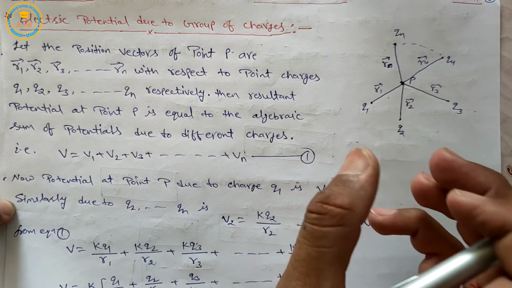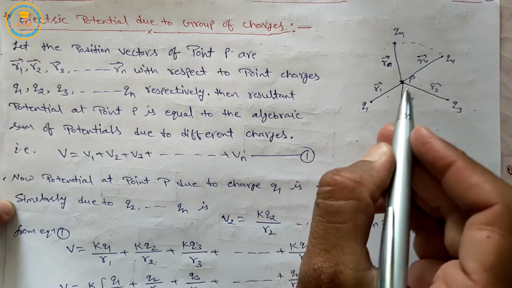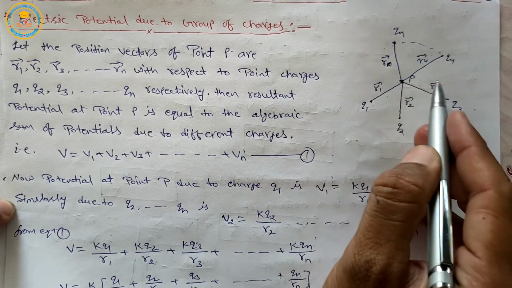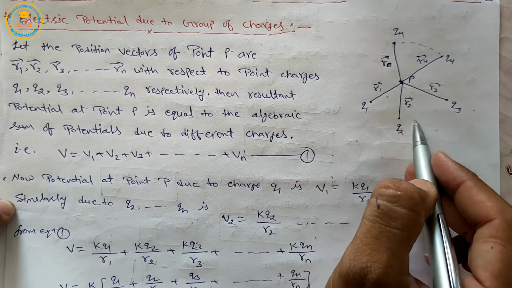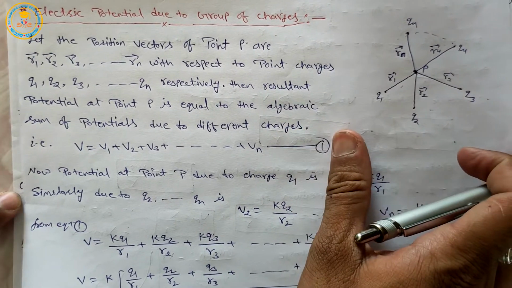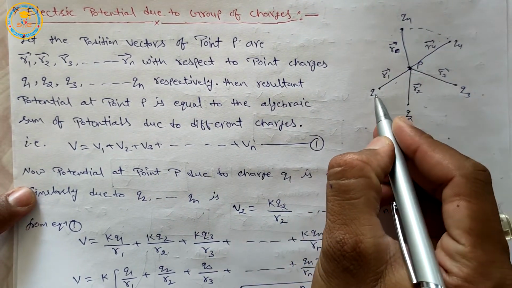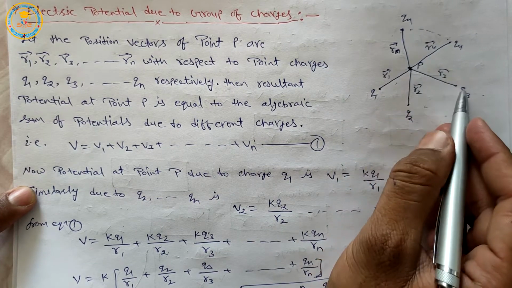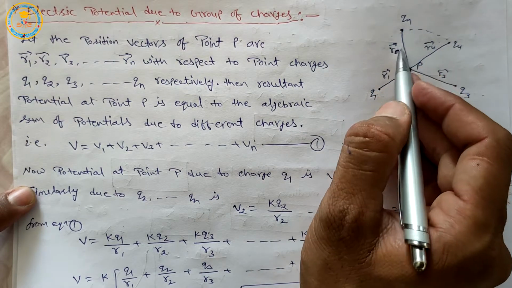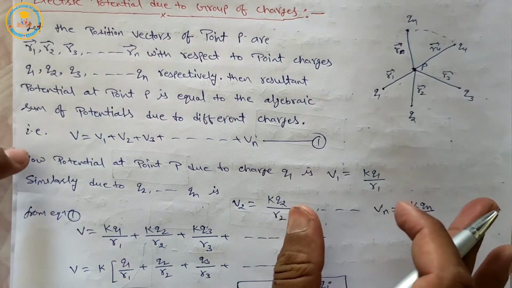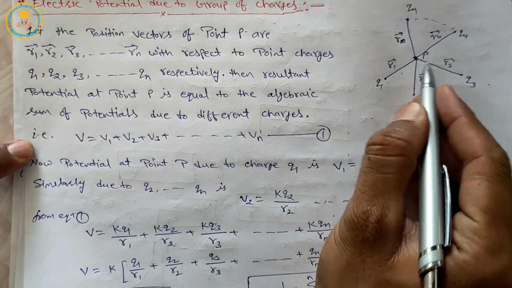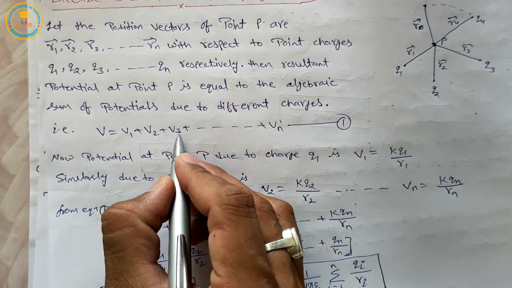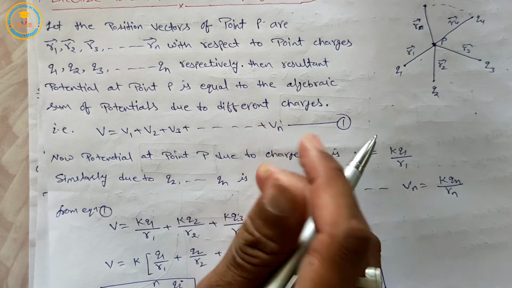So it is equal to the algebraic sum of potentials due to different charges. It means if the potential due to Q1 is V1, the potential due to Q2 is V2 and so on, the potential due to Qn is Vn, then the resultant potential at point P is V equals V1 plus V2 plus V3 and so on Vn. Okay.